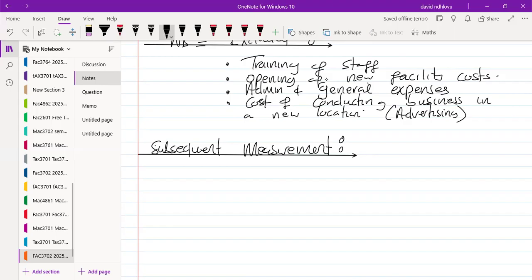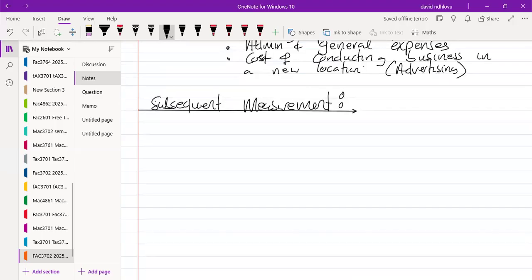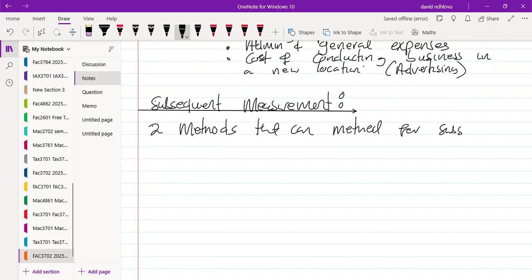The measurement is usually done at the end of each year. This is more pronounced at year end. That's when we remeasure the value of the asset. There are two methods that can be used to measure the asset subsequently.